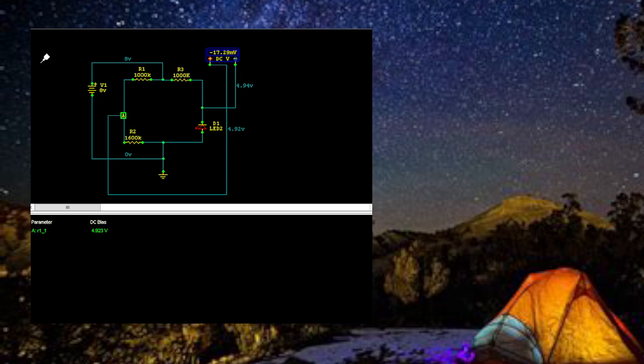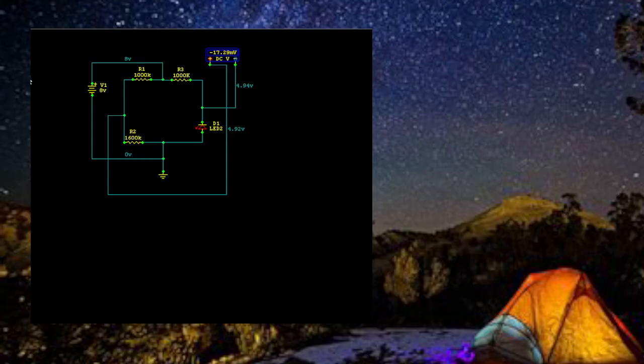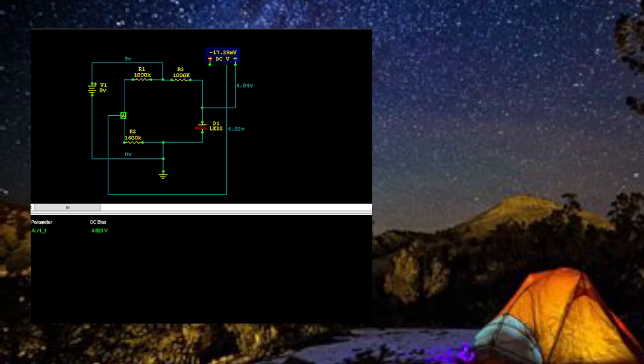And that's minus 17. So it's a little bit more than 1600 ohms. Let me run this again. And now we've got, okay.